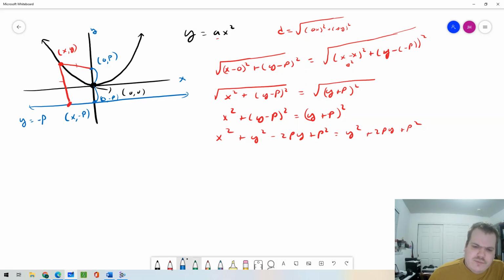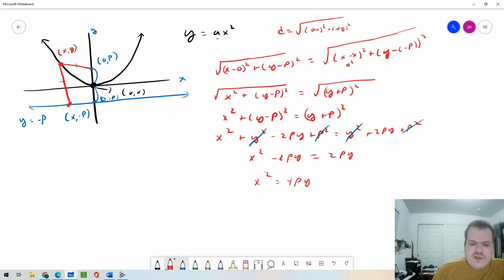Now nice things happen. I've got a y squared on both sides, gone. And a p squared on both sides, gone. Then I'm left with x squared minus 2py is equal to 2py. Solving for x squared, I get x squared is equal to 4py, by adding the 2py over there.